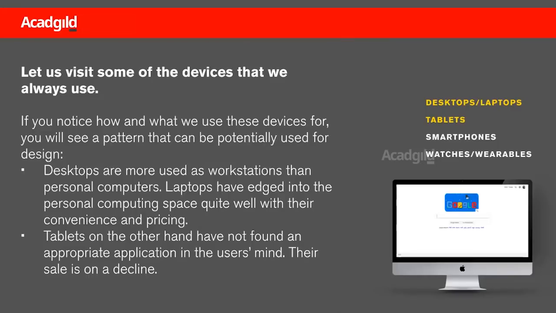Tablets, on the other hand, honestly, I think have lost their value and appropriate application in users' minds. The sale is on decline, as you know, and people are trying to push it specifically into business. There are some specific business use cases where tablets are used, like especially on shop floors, to bring in enterprise application data to where you are. A nice use case to talk about is a shop floor engineer who wants to understand where a part is in an ERP application or a supply chain management application.